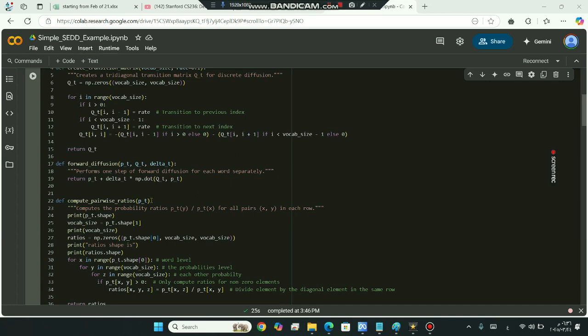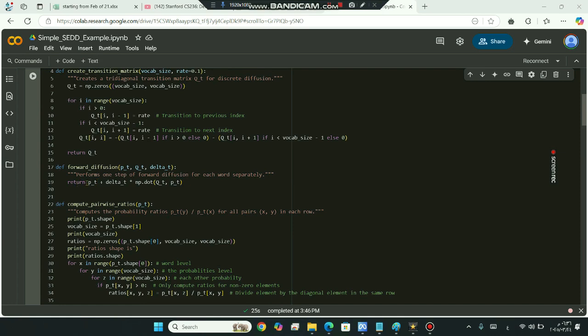All right, let me show you the part where we add the noise to the sentence in our function. This is the Euler formula. This is PT, the original probability distribution, plus delta T times QT times PT. This is the forward diffusion process where we add noise to the sentence.